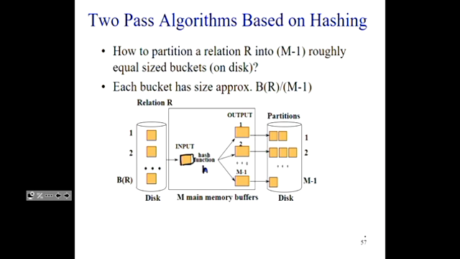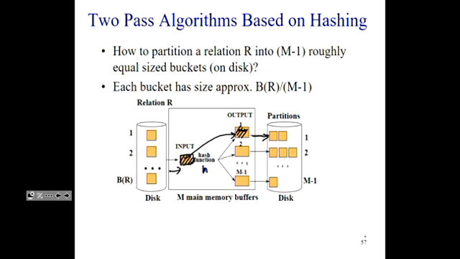If a tuple that you're getting from input hashes into one of these, you add it to that bucket. If you finish processing this input buffer, you get the next block, and you keep going. If one of these output blocks gets filled, you output it to disk. This is slightly different from, but similar in spirit to, sorting things into runs.